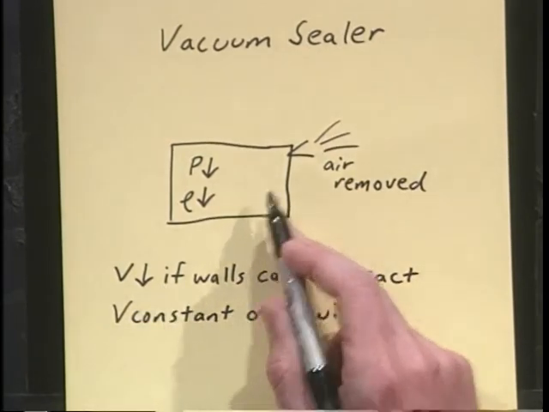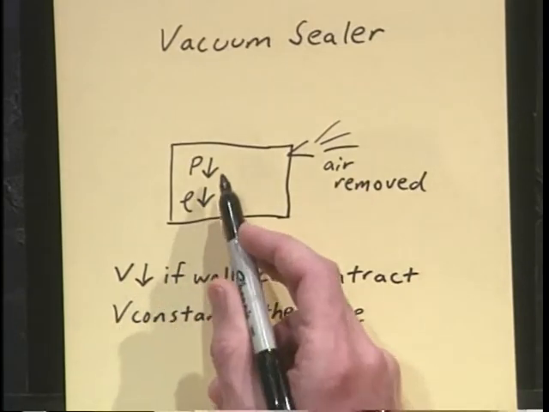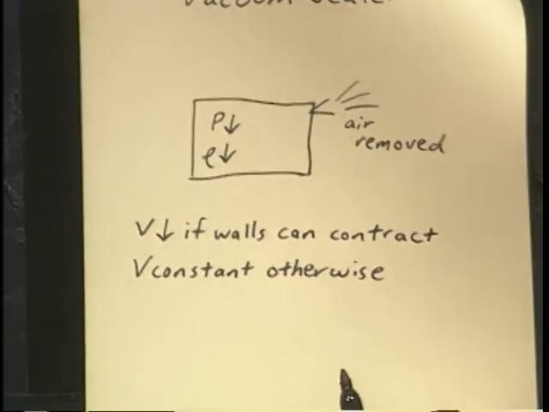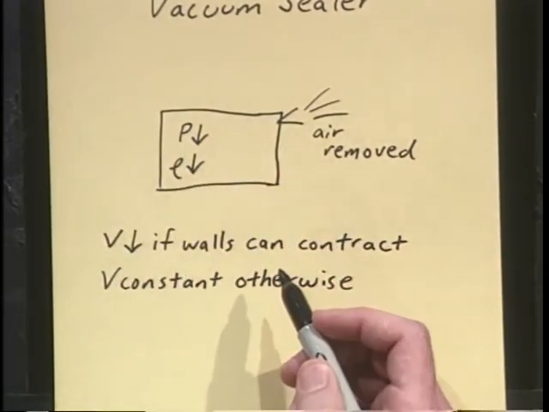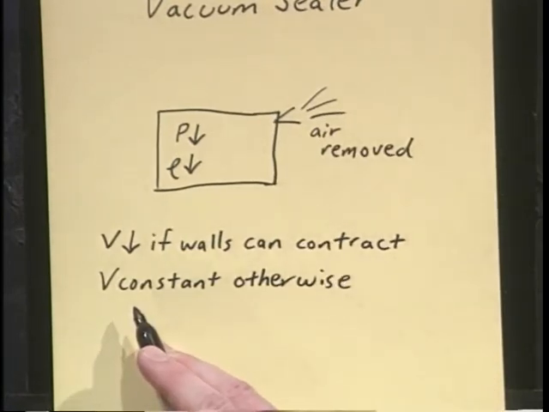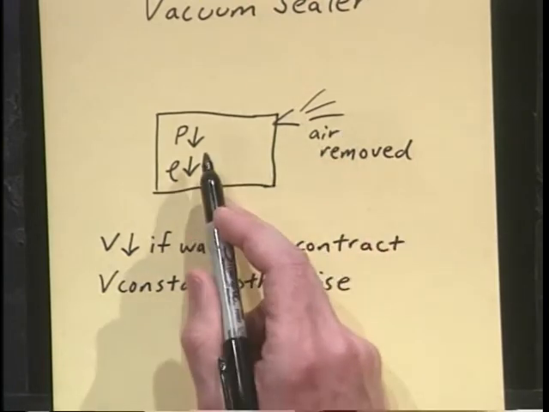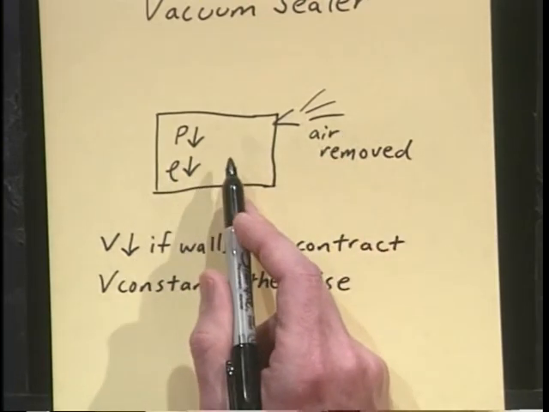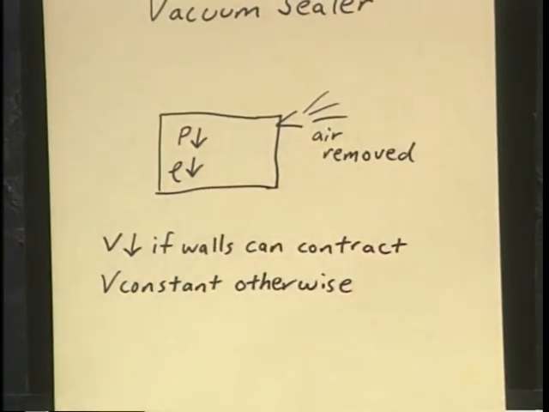If you removed all the air, then all these terms would go down to zero: zero volume, zero density, zero pressure. But if these walls cannot contract, then the V will remain constant, and if you removed all the air out, you'd be left with a vacuum inside with no air pressure inside the space.